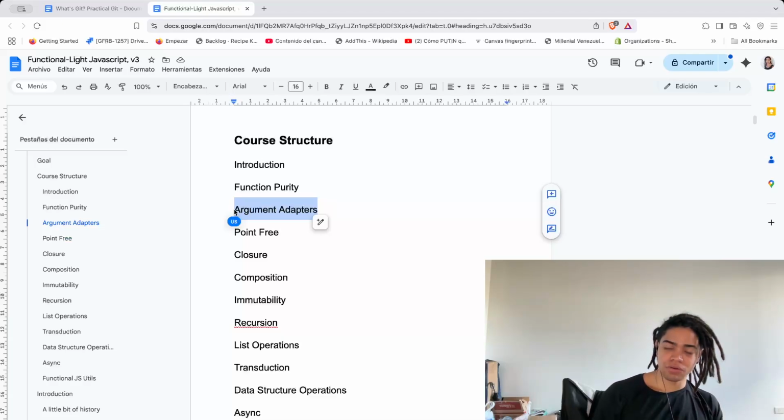Okay, so this is what we look at, for example, with unary and binary, and also some other argument adapters like flip, to actually match with another function shape. And this opens up a part of the library called Ramda.